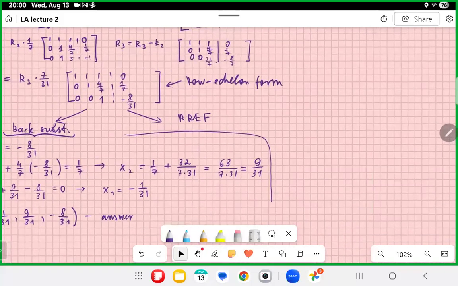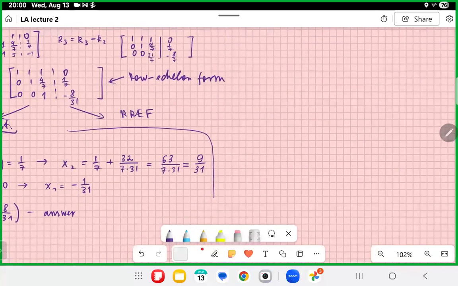So what we should do, we should continue eliminating numbers above the main diagonal. But now we are going to start with the third row and we're going to use it to eliminate the coefficient from the second row and then the first row. So we started with the first row and we were eliminating down. Now we start with the last row and eliminate up.